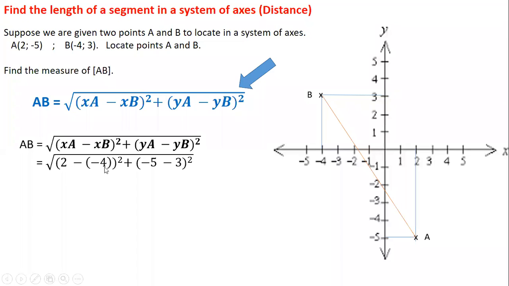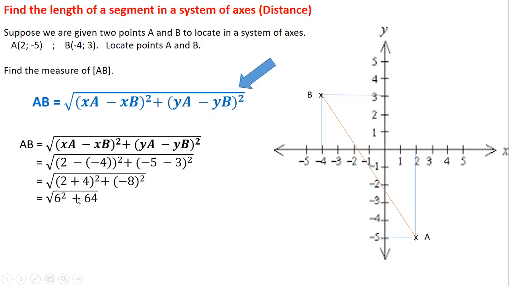Now I calculate the first one. Negative times negative is positive, so I get 2 plus 4, all of it squared. Minus 5 and minus 3 is minus 8, squared. 2 plus 4 is 6.